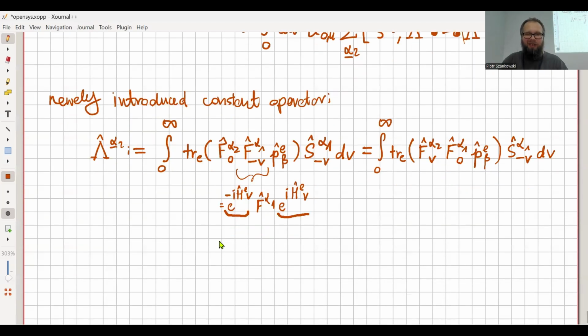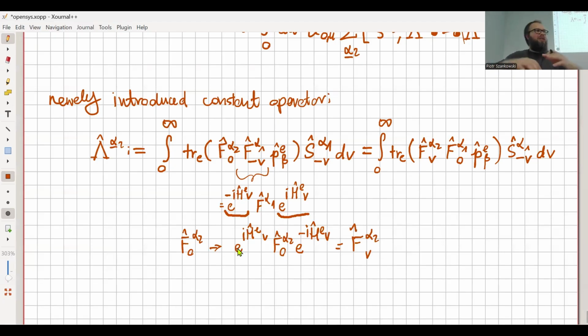So after we do this shuffling, F0 alpha 2 changes to e to the i H_E v F0 alpha 2 times e to the minus i H_E v, which is F alpha 2 at v, the interaction picture at time v.